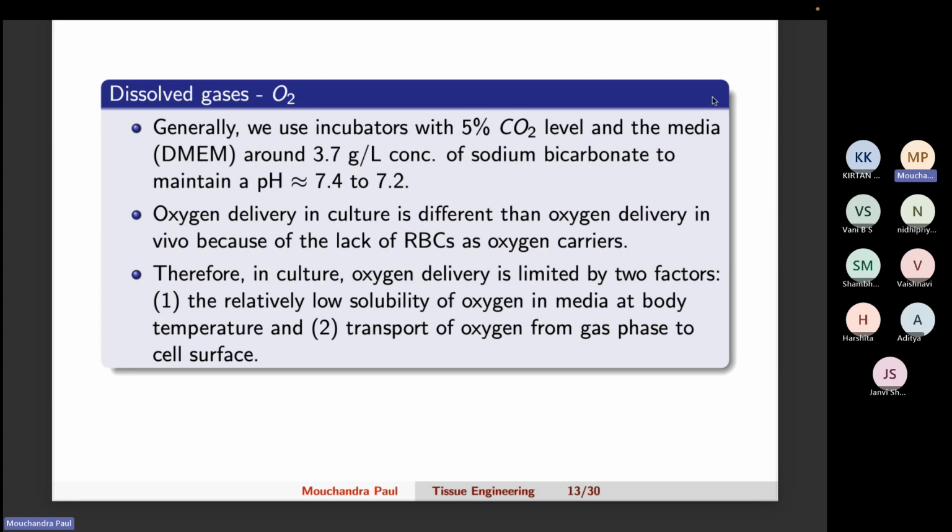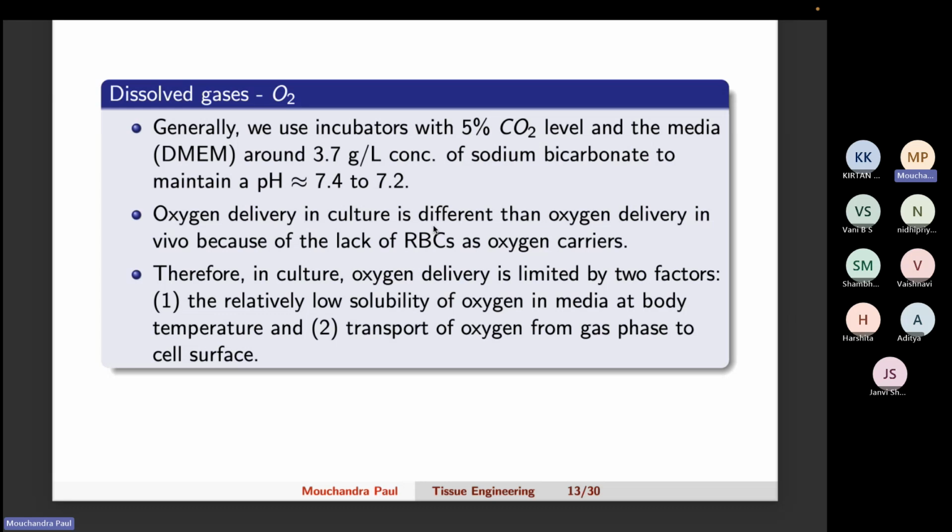Now oxygen is also important. With the CO2 level, we are maintaining the pH of the media, but oxygen is needed by the cells for respiration, right? So for oxygen delivery in culture, we don't add additional oxygen cylinders or hook up the incubator with oxygen cylinders, because there is no need.